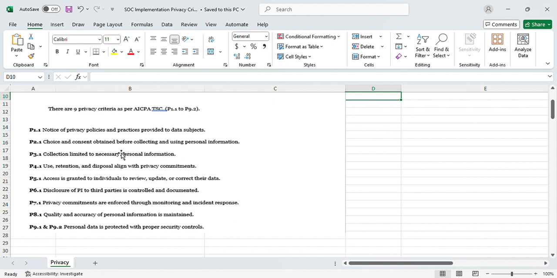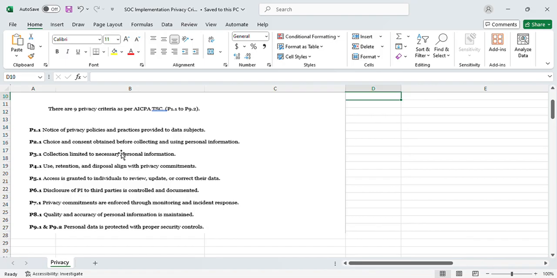Access is granted to individuals to review, update, and correct their data. Disclosure of PI to third parties, how it is controlled and documented. Privacy commitments are enforced through monitoring and incident responses.